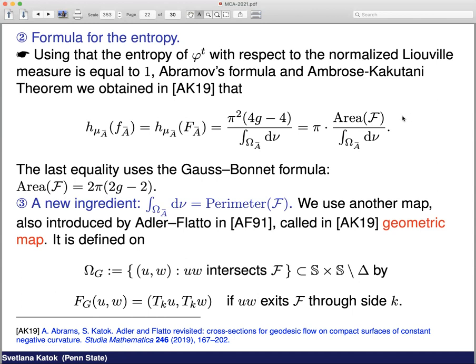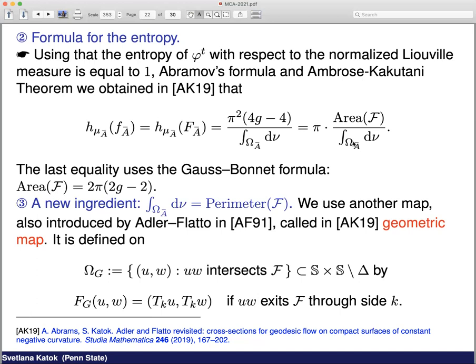Anyway, the formula which follows from Abramov and Ambrose-Kakutani is some constant divided by the area of this attractor. So now we have the area of the fundamental domain on top, and the area of the attractor on the bottom.